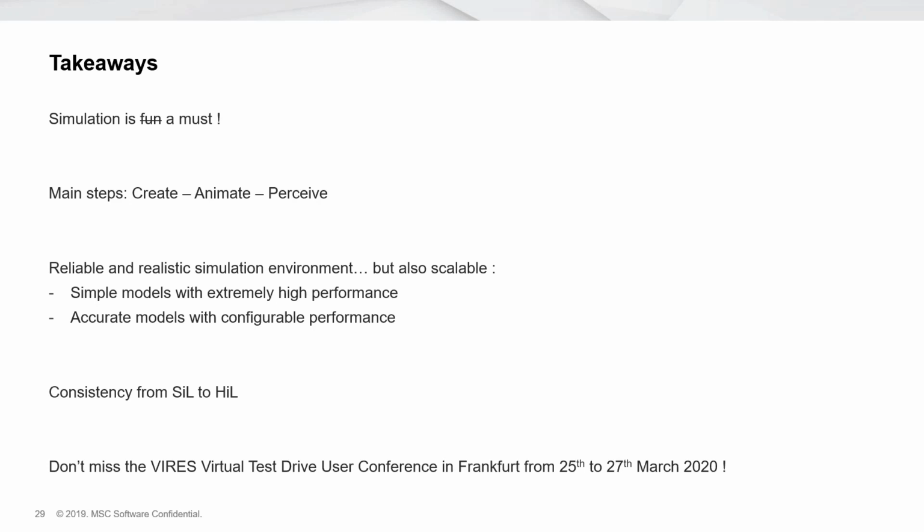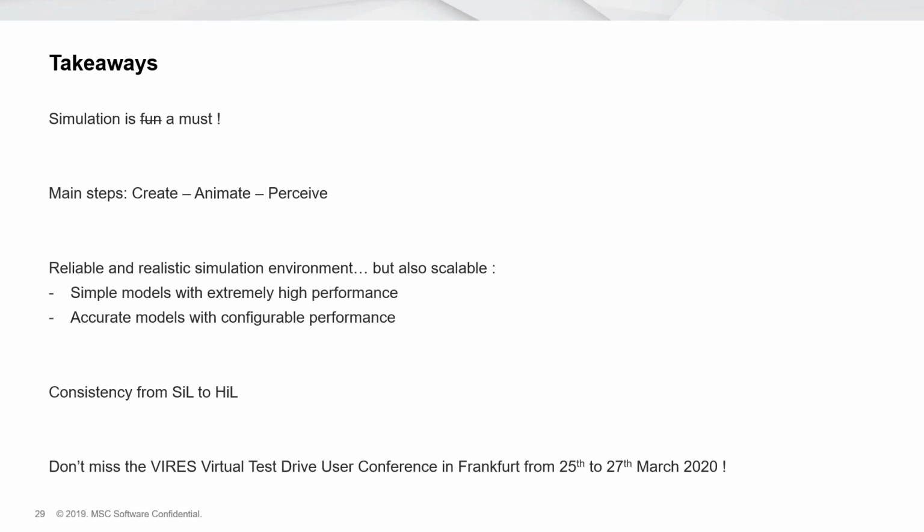But not only that, your models need to be scalable as well, depending on what you want to test, because of course you are always searching for performance. For some use cases, you will prefer simple models with extremely high performance, whereas for other use cases, you will need accurate models with configurable performance.